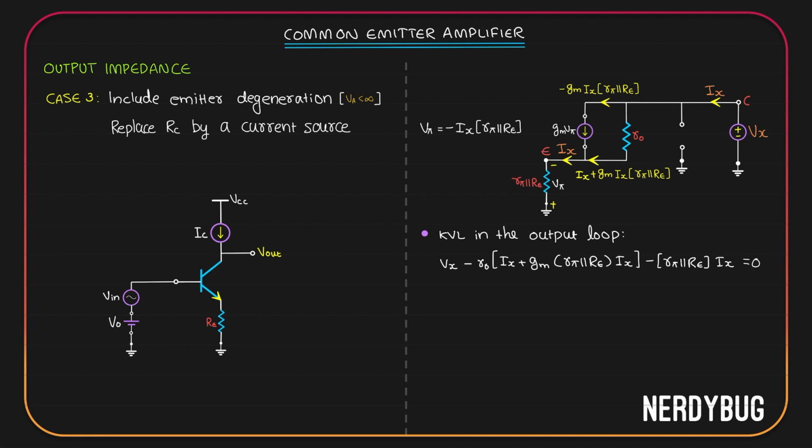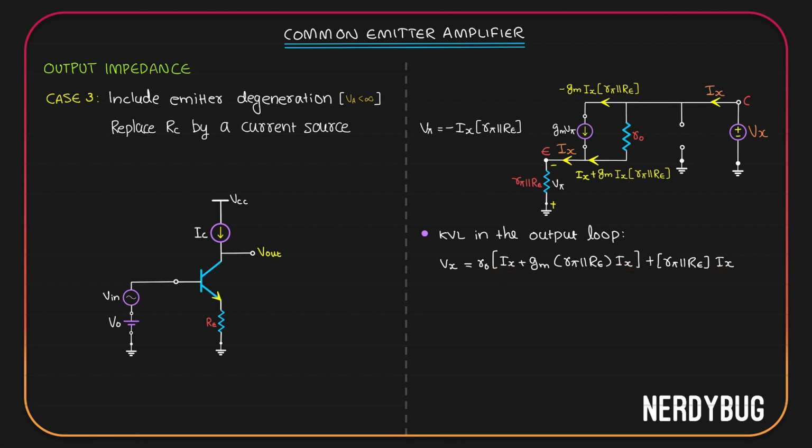From this equation, we can write Vx is Ix multiplied by R naught plus Gm R naught multiplied by R pi parallel to Re plus R pi parallel to Re. Let's keep Vx on one side of the equation and take all the other terms to the other side. We get this. You can see that in all these terms we have Ix.